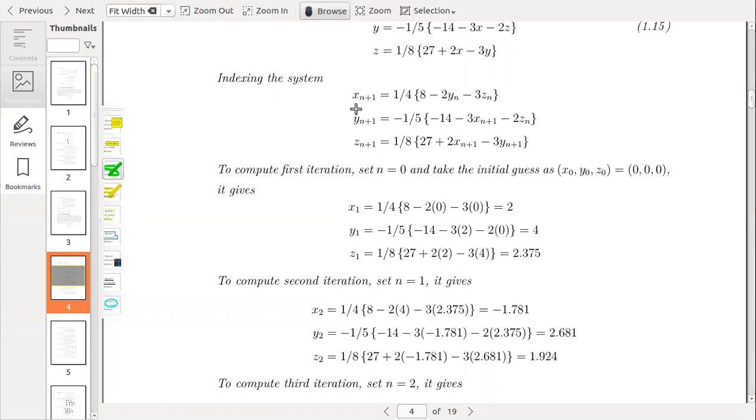You see, if you just put n equal to 0, you will get x1, 2y0, 3z0, and y1 is equal to minus 14 minus 3 x0, x1, and z0. Since it is x1, you need to replace this value here, you see.